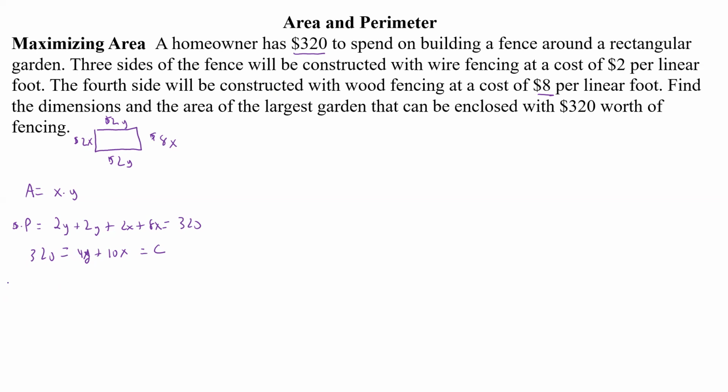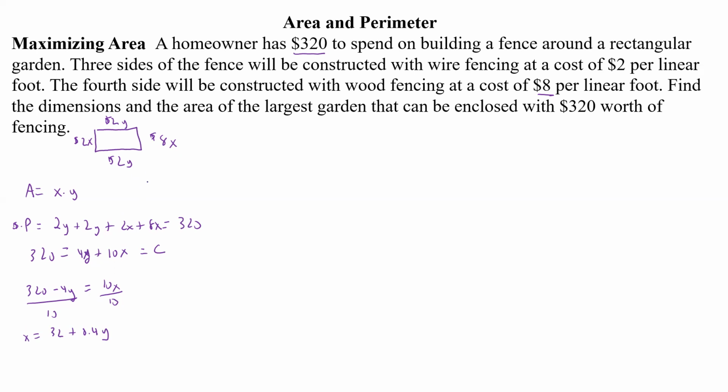Now let's solve this equation for x. It doesn't matter, you could solve for x or y, but I'm going to solve for x. If I take 320, and take the 4y over, that's minus 4y, and that equals 10x. Dividing by 10, x is equal to 32 plus 0.4y. Again, I just divided by 10 here.